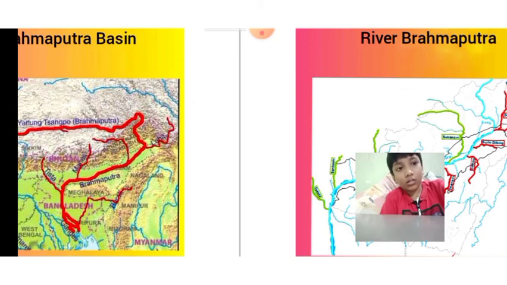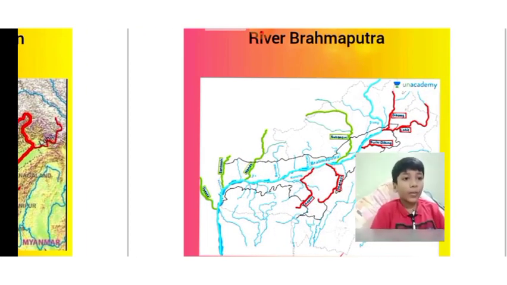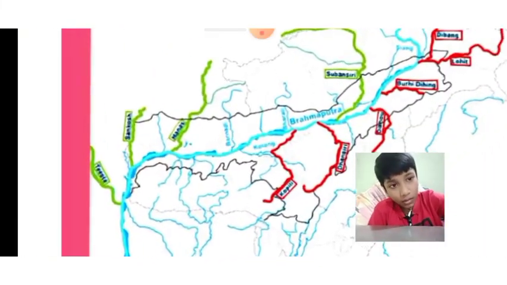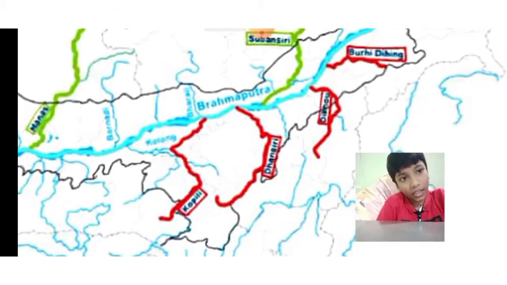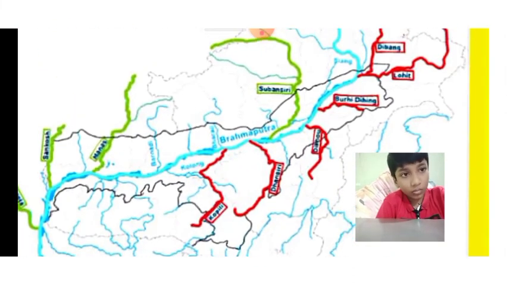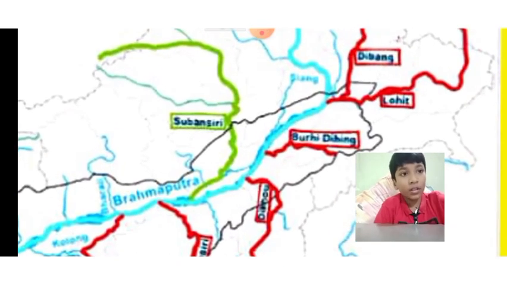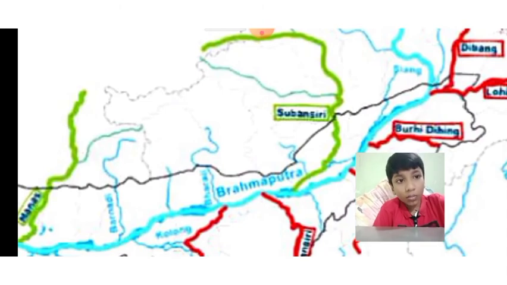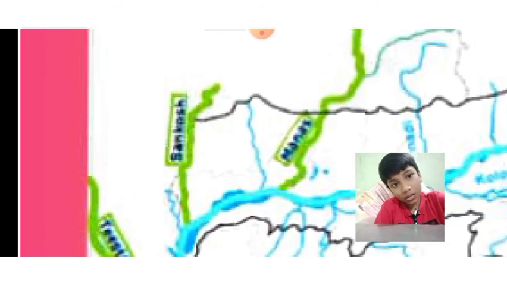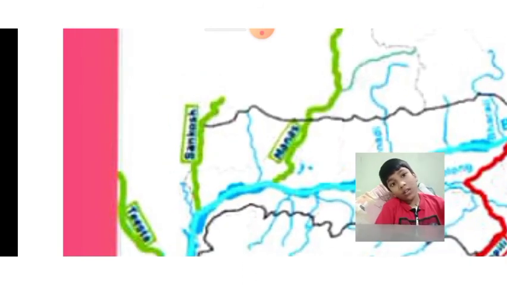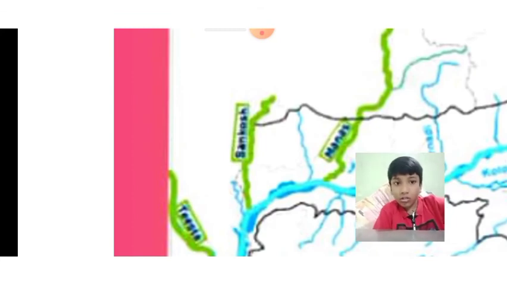And we saw the tributaries of Brahmaputra: Kopili, Dhansiri, Dibang, Dihing, Lohit, Subansiri, Manas, Sankosh, Teesta.